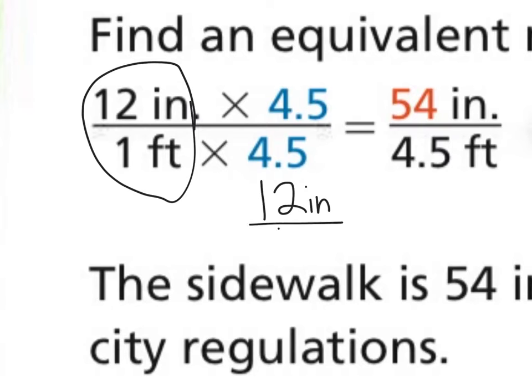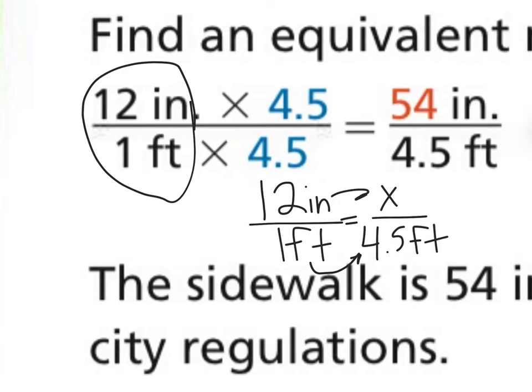We could say 12 inches for 1 foot, and we want to find how many inches for 4.5 feet would be another option. In that case, going this direction, that would be multiplying by 4.5. So 12 times 4.5. And just like they did up above, we would get 54 inches.